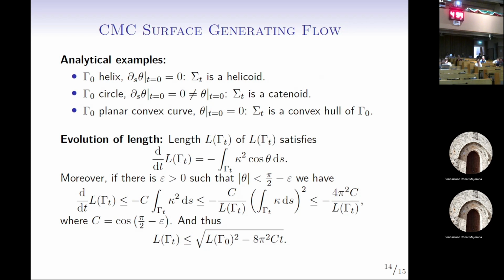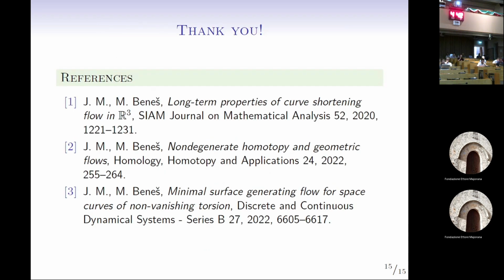Then we can again find some nice bounds for the length. It's not included in this presentation, but I'm currently looking at different ways to ensure this assumption for some configurations.